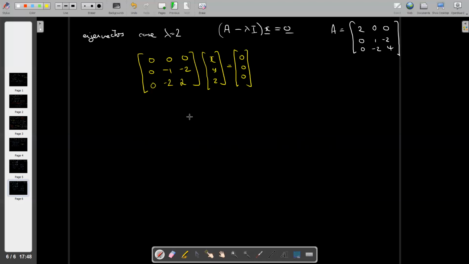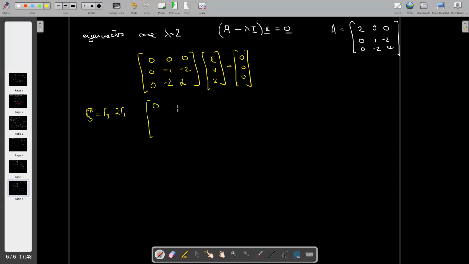Okay, so what can we do here? Well, I could times this by 2, and then subtract it from the bottom one. So I could maybe say the new row 3, so row 3 star is row 3, take 2 lots of row 2.